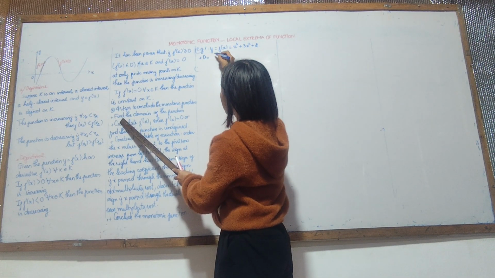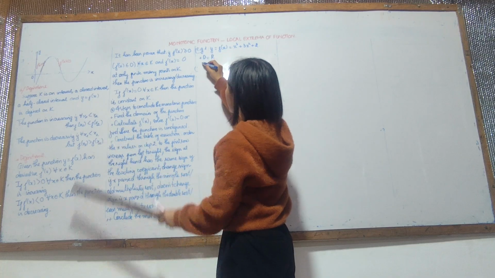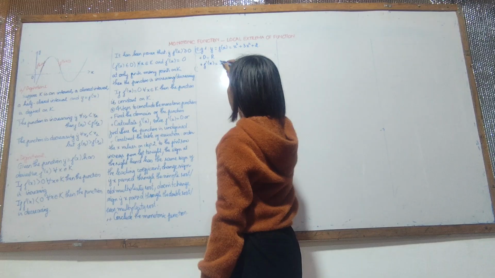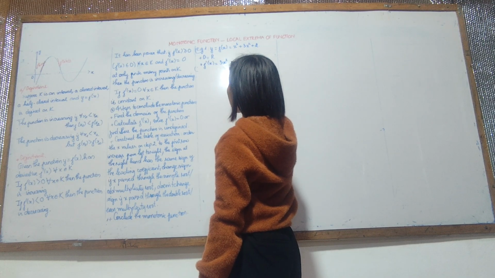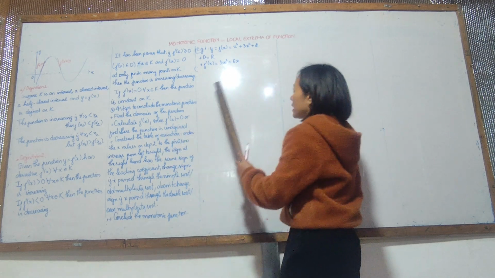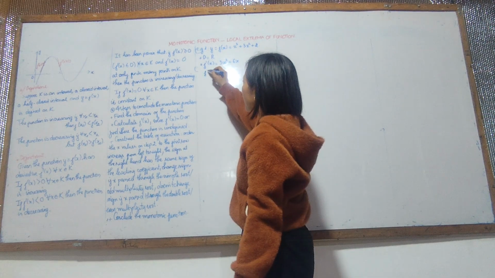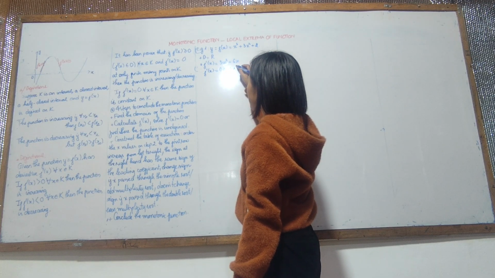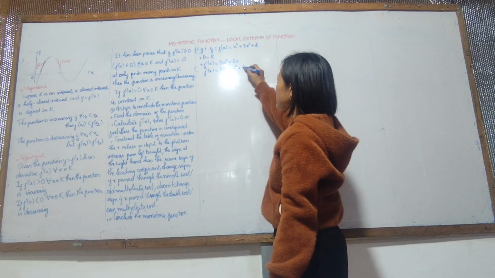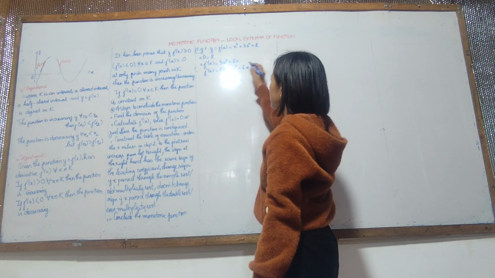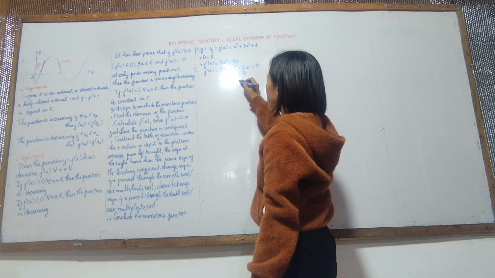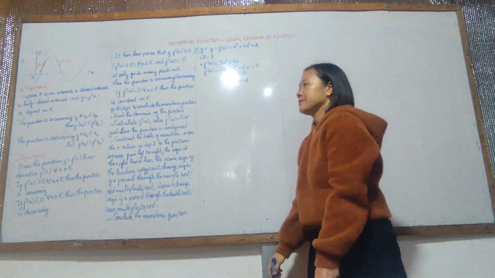The domain of the function is real. The derivative f prime of x equals 3 times x squared plus 6 times x. And f prime of x equals 0 if and only if 3x squared plus 6x equals 0, if and only if x equals 0 or x equals negative 2.